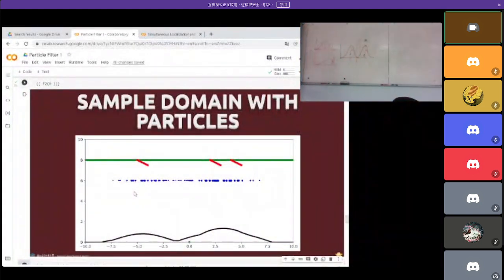Now what we can do is instead of calculating for every cell, breaking it down into cells like the histogram filter, and then iterating over all the cells, what I could do is I just say I start out at my current location and I generate these particles, and then I just keep running through that.